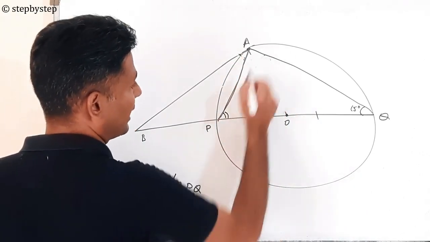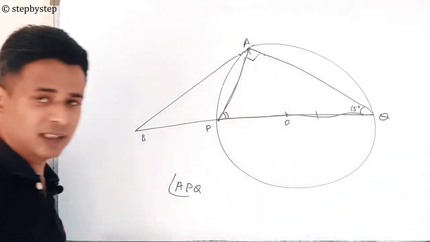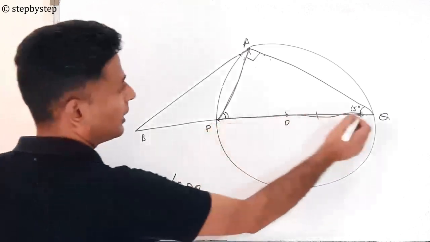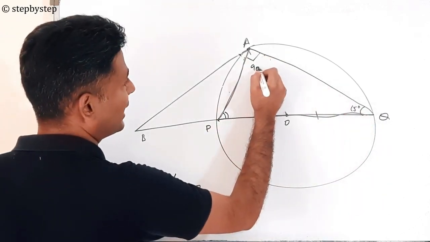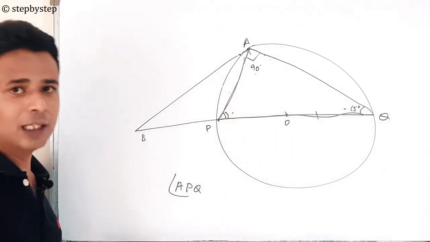just consider this triangle. See, this is the diameter. Diameter always makes 90 degrees with the circle, right? So we got 90 degrees. Now, how do we find this? This angle plus this angle plus this angle equals 180.